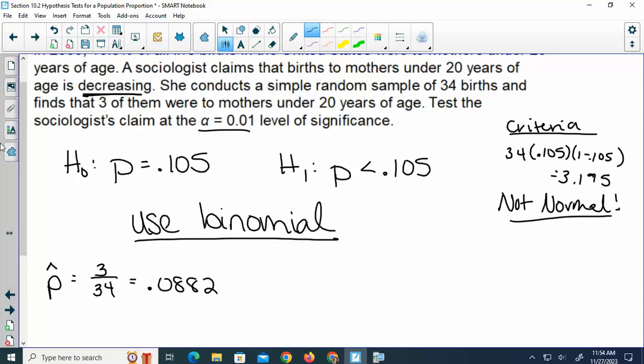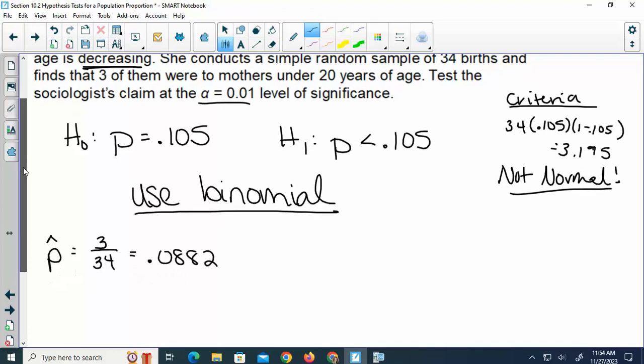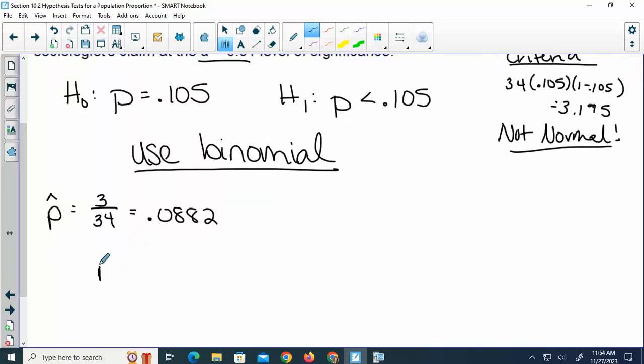All right. So we are going to have to find the probability, since we're doing less than, we want to check probability of being 0, 1, 2, or 3.